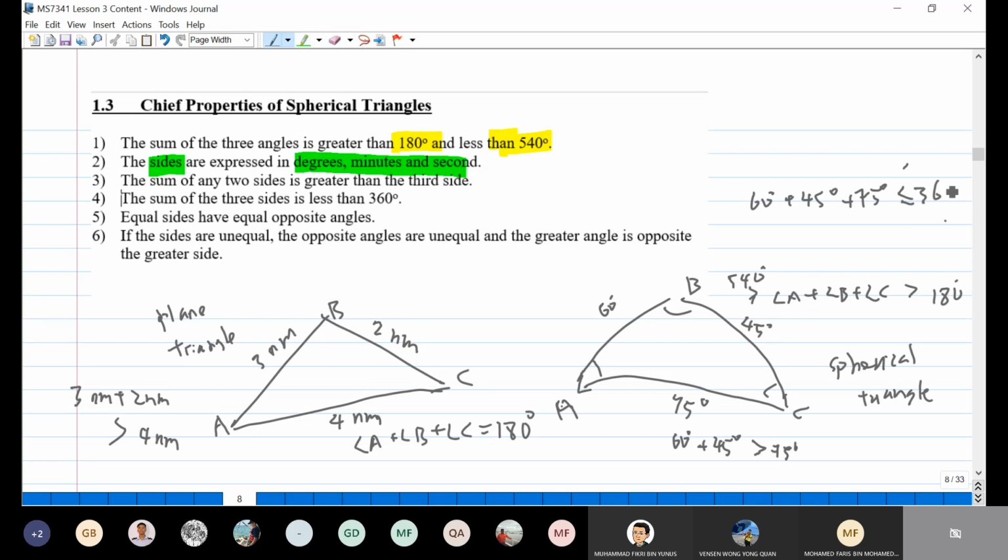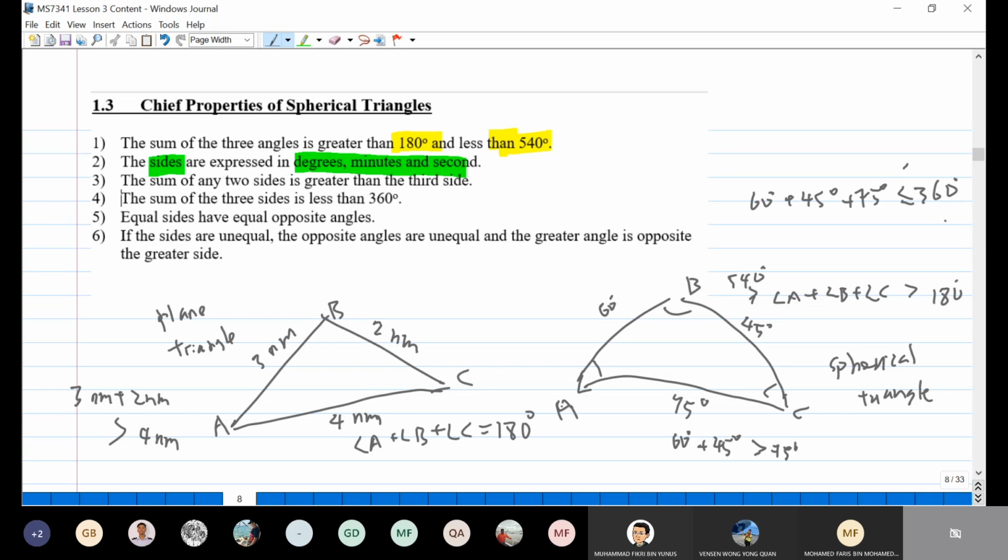You can check that this is correct. So you have 60 plus 45 plus 75, for example, which is 180, always less than 360.